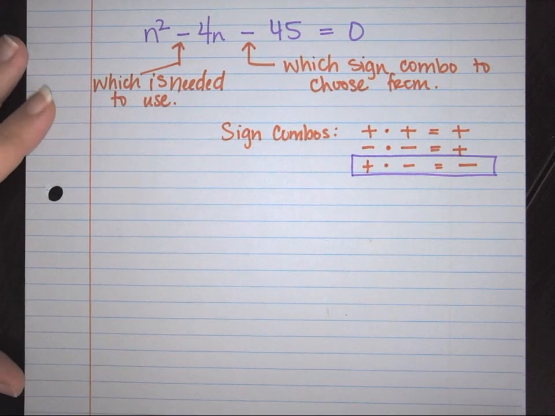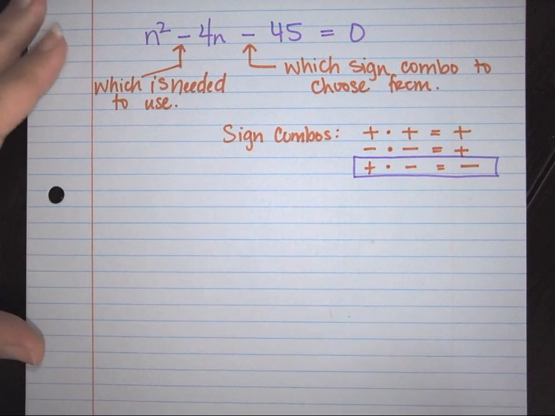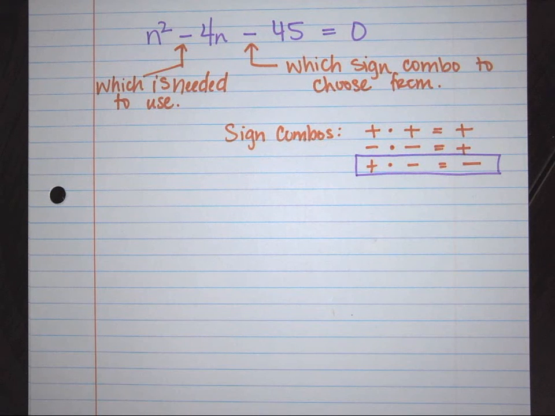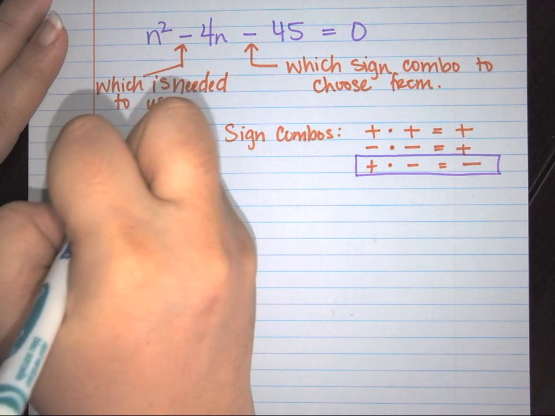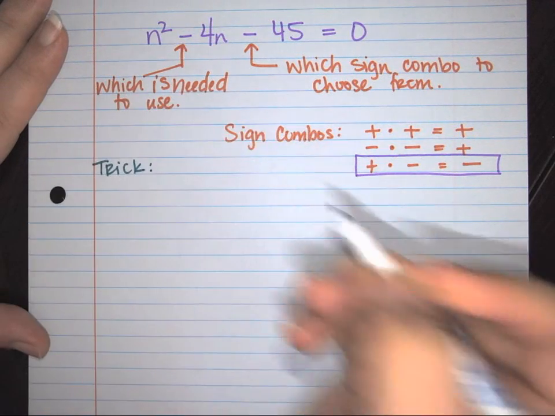Now, the other thing that we have to look at is we have a trick. And our trick is going to be used in order to help us determine which factor has to be positive and which factor has to be negative. So, the trick we have is as follows.